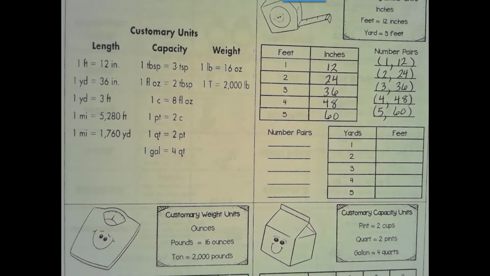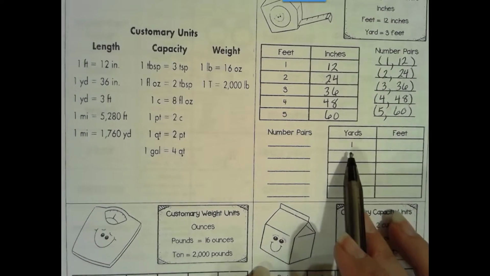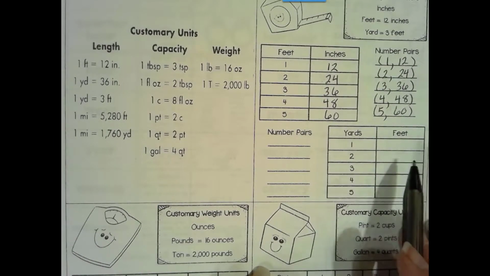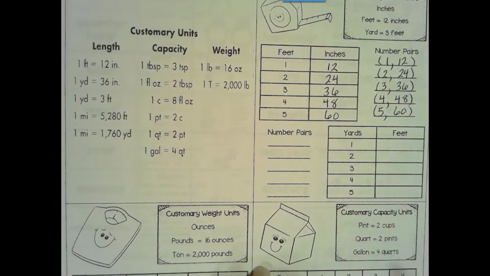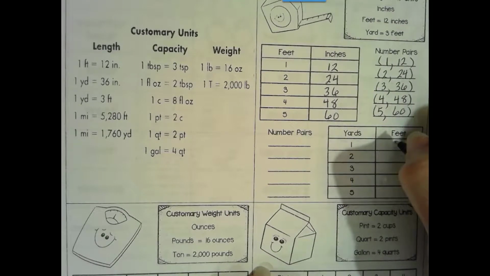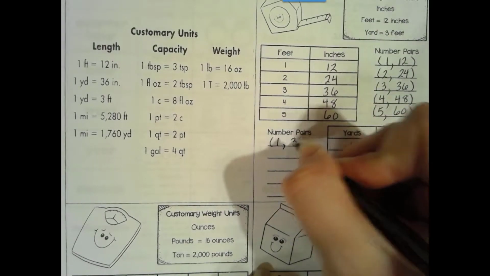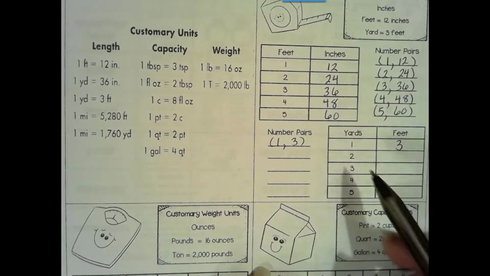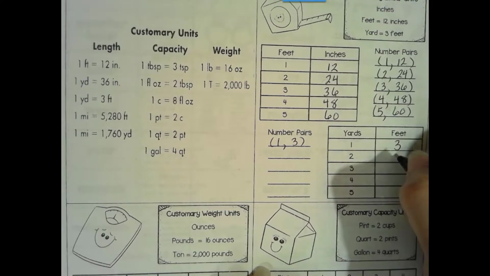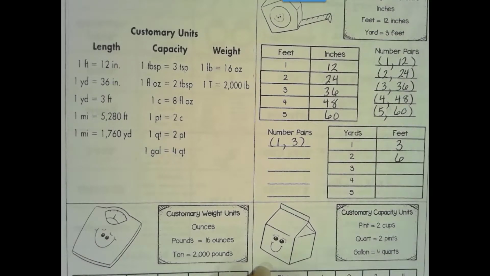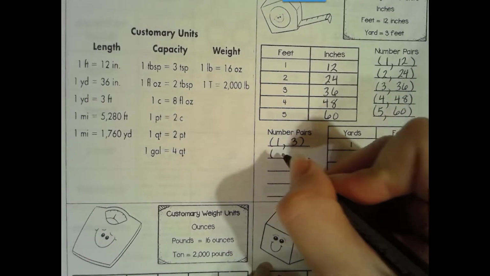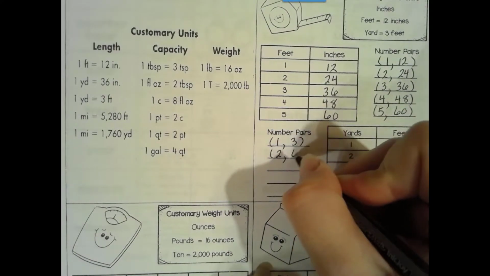Now we're going to look at yards and feet. So in 1 yard, there are 3 feet. So for 1 yard, there's 3 feet. So 2 groups of 3 feet would be 6. In 2 yards, there are 6 feet.